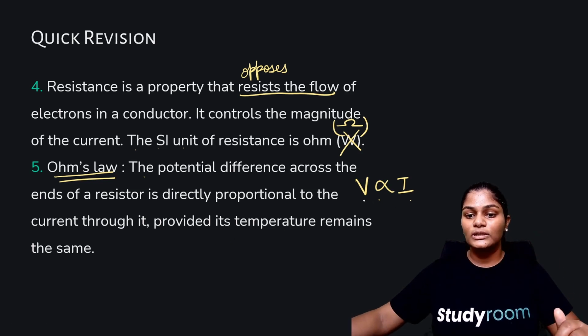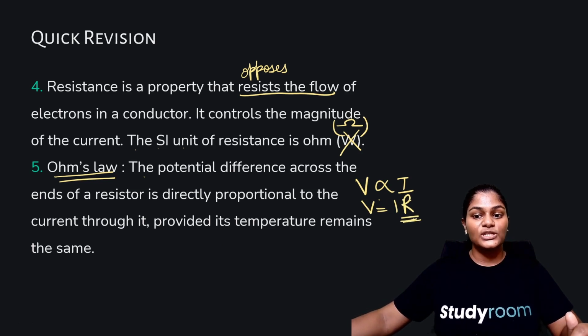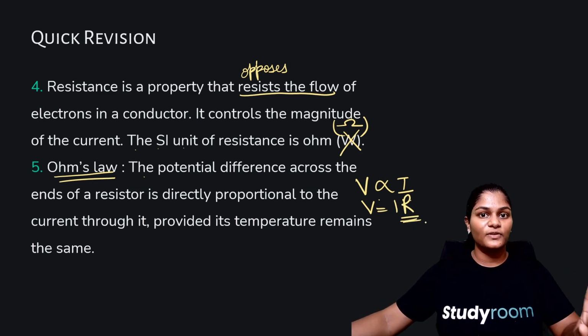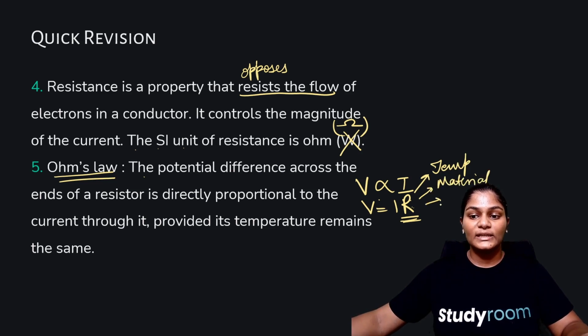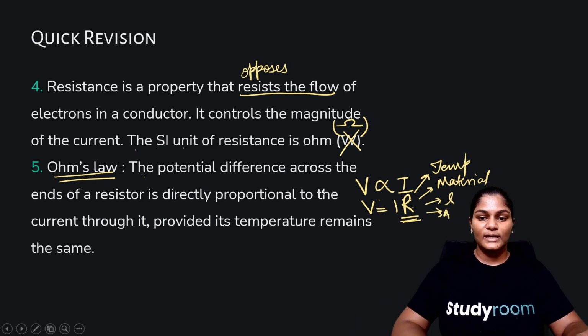Right? And we also introduced the constant of proportionality, which is R, which is independent of V and I. R doesn't depend on V and I. What does R depend on? Do you remember? It depends on the temperature, the material, the length, and the area of cross section. Okay, great.